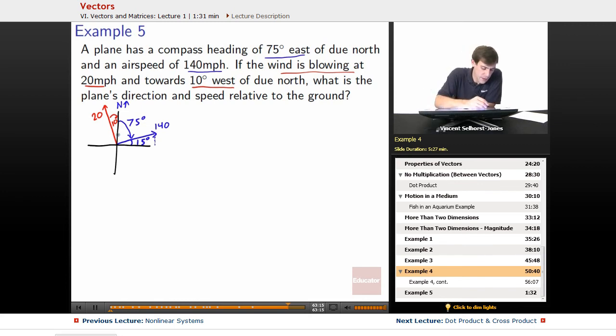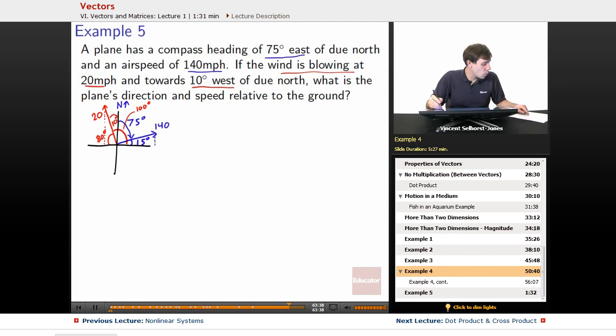Notice that the total angle for that is going to wind up being 100 degrees if we wanted to figure that out, or we could also look at it in terms of 80 degrees here as well. It depends on which one you think is easier. I'm going to go with the one inside of the triangle, and we'll just have to remember to deal with the fact that our horizontal is going to be negative when we're working on the wind.